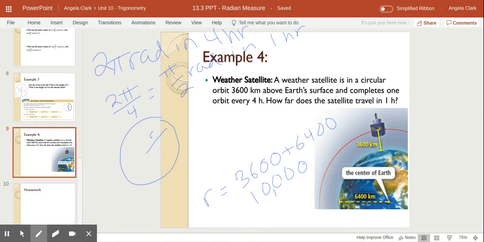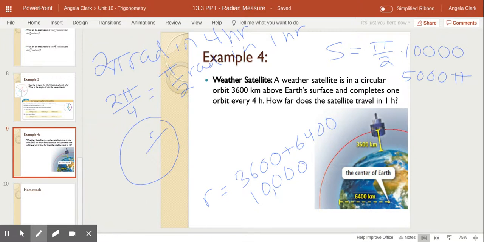So we need to figure out what that distance is. The distance S is theta, which is pi over 2, times the radius, which is 10,000, which is just 5,000 pi.